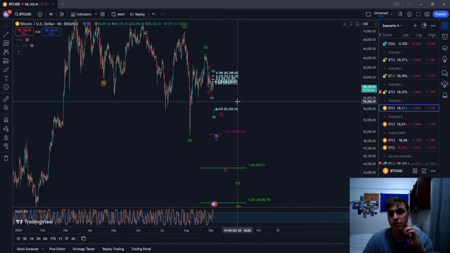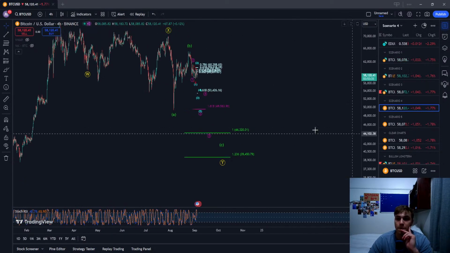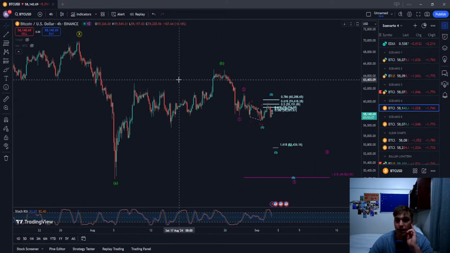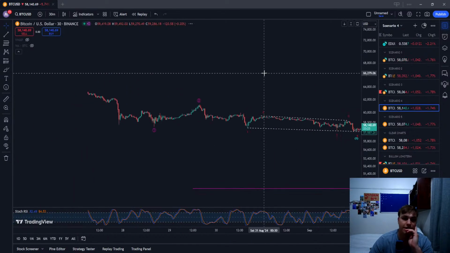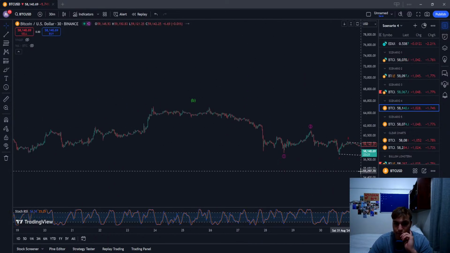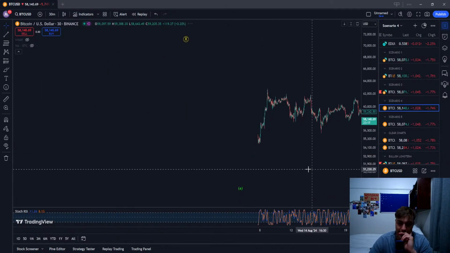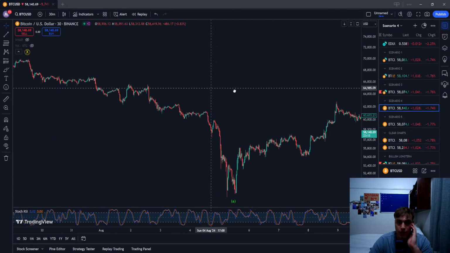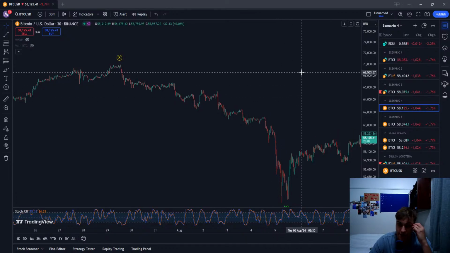Now, there are two ways we can finish in Y. One is this larger degree ABC, in this scenario, we count this A wave down as a 5-wave structure. Now, if I go to the 30-minute time frame, we can actually count this as a 5-wave move in this A. So if you see on this A wave, we had multiple 1, 2s, and that's why I counted it as a 4, 5.